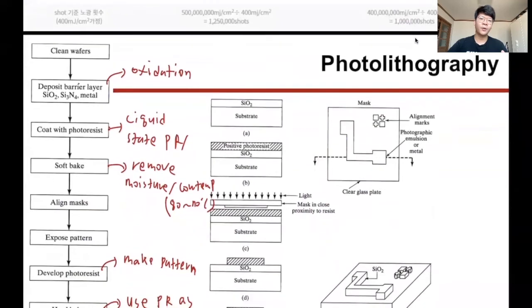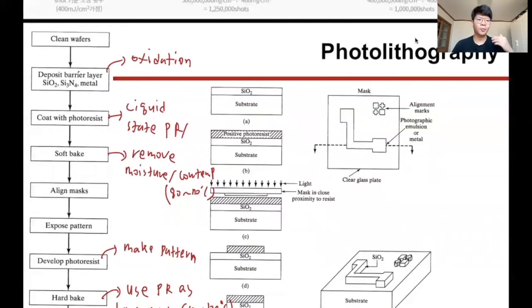So the overall photolithography procedure is like here. We first clean the wafers and oxidize the wafer surface by depositing silicon dioxide or something else. And then we spin coat the photoresist.